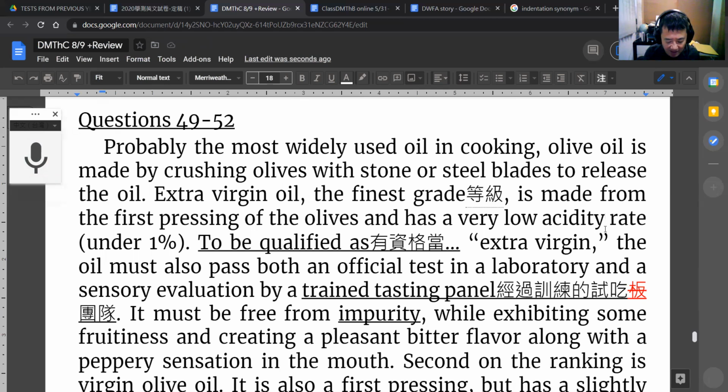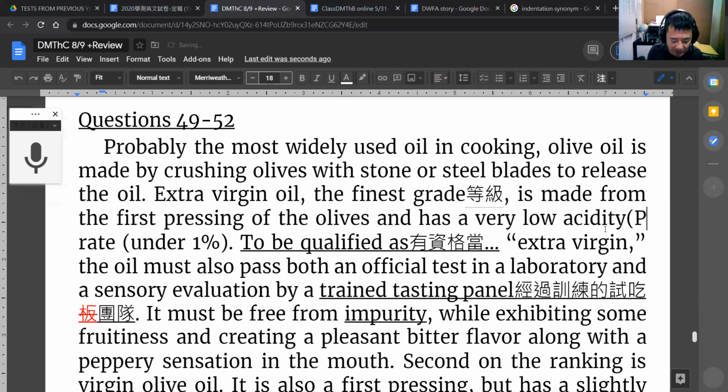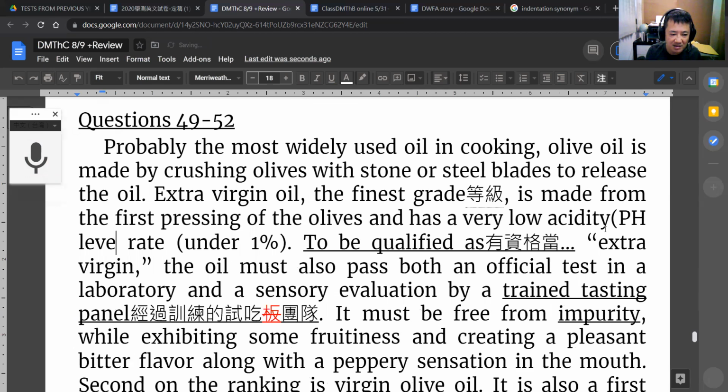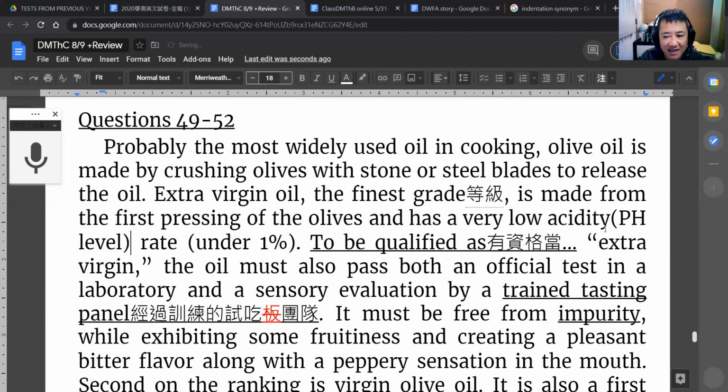Acidity is, in the science class, you get pH level, right? I think 0 to 7, oh no, 0 to 14, whatever, okay? Right? So pH is the pH level. It has a very low acidity level rate, under 1%.